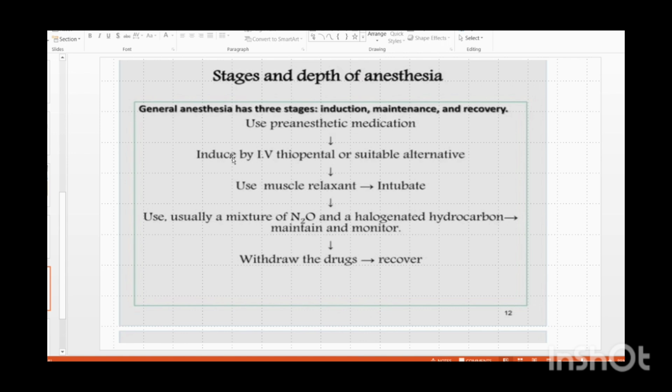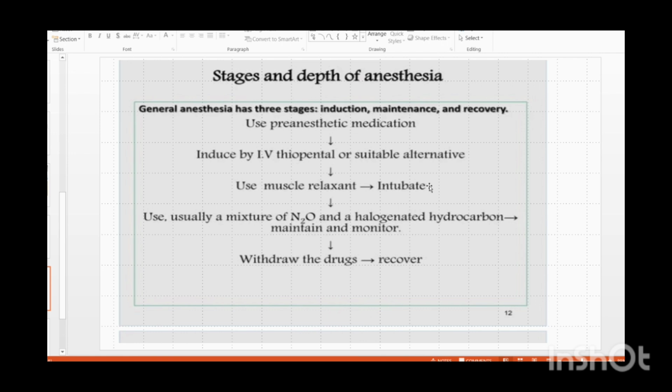After that, we will induce the patient with thiopentone or suitable alternatives like propofol, ketamine, etomidate; any one of these drugs will be used as an induction drug through IV. After that, in rapid sequence intubation, they'll use succinylcholine.